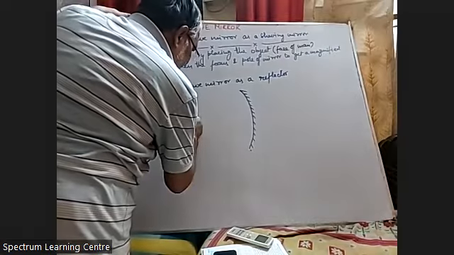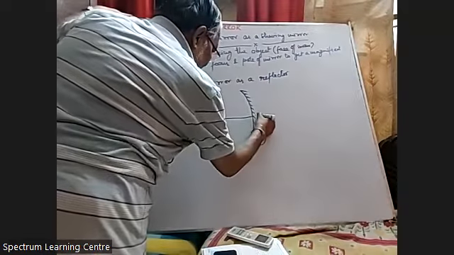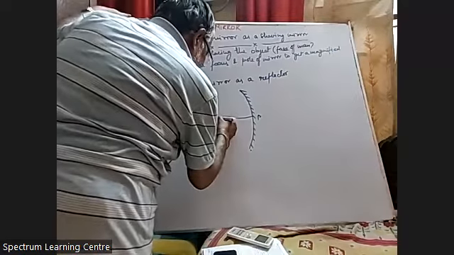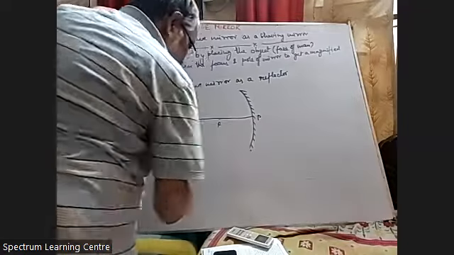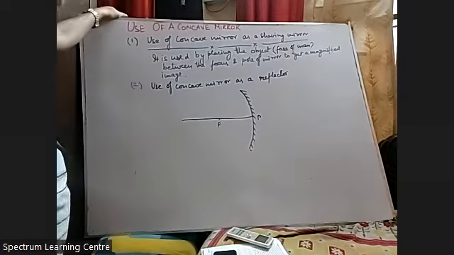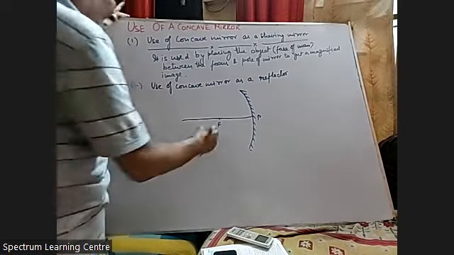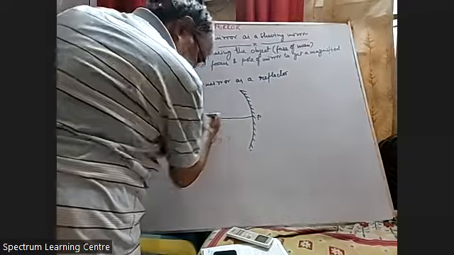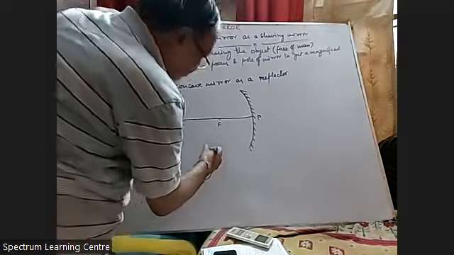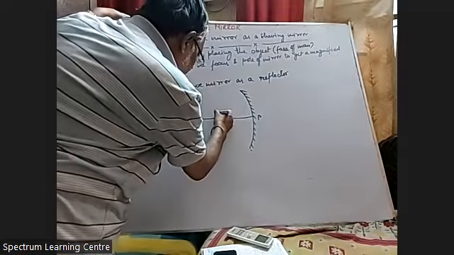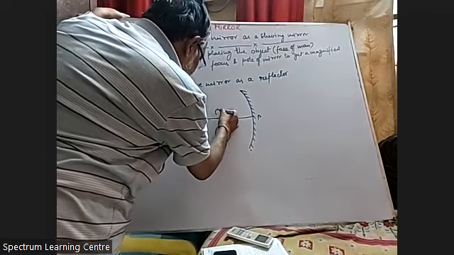And this is the pole and this is the focus, right? If I place a bulb here, I am showing the bulb like this.